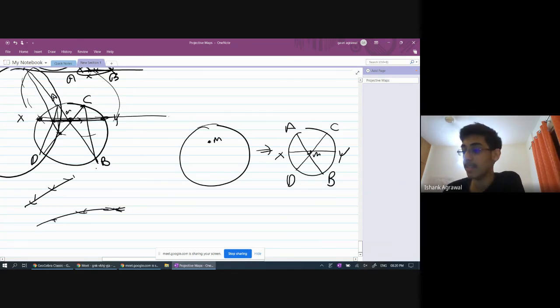But what we can say is that if there is a corresponding infinity point to this, then the cross ratio of this is -1. Does everybody understand why this would be -1?